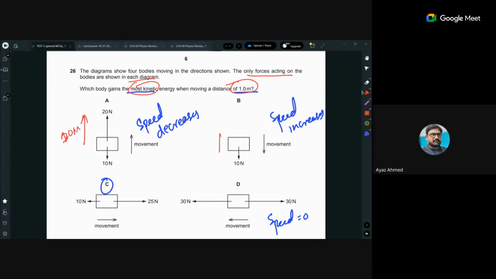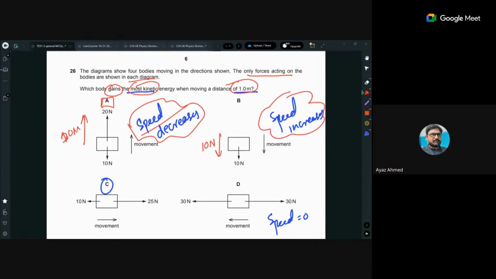Both are basically having the same force, but the gain of energy is different. This option A will lose energy because its speed is decreasing when it is moving in the upward direction, right? And this would gain the speed. So we can consider this option.